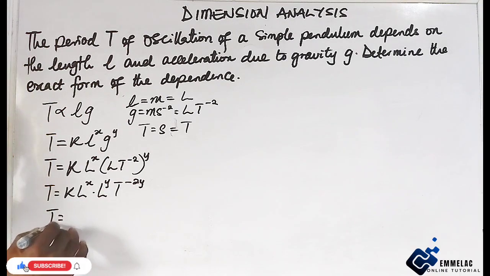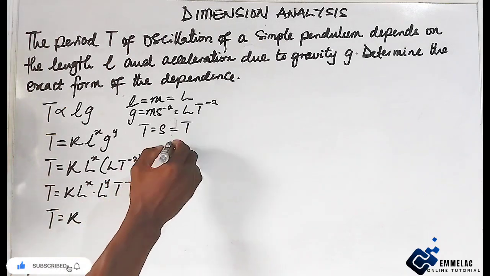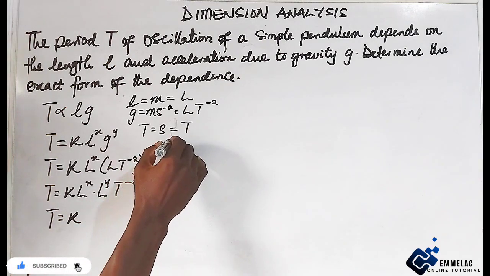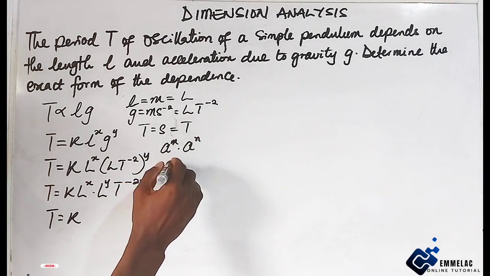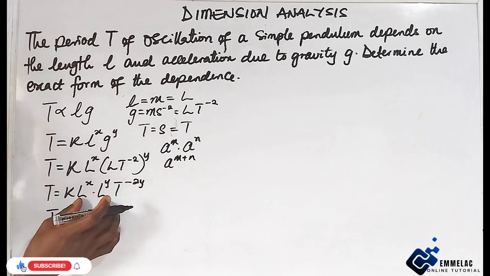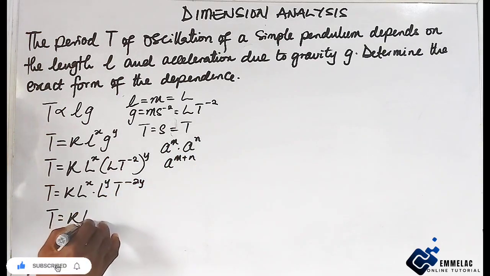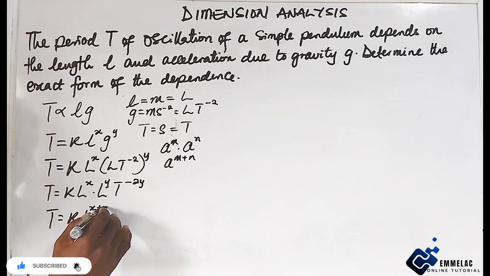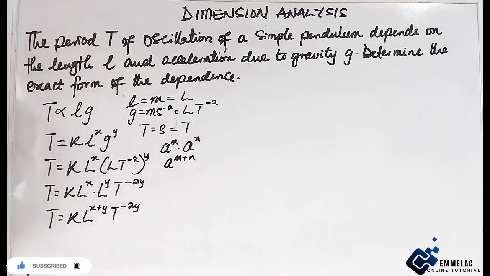Okay, here you have T, then k. According to the law of indices, a raised to the power of m times a raised to the power of n, you have what? a raised to the power of m plus n. Now using this rule, we apply here, you have that L raised to the power of x plus what? y, then T raised to the power minus 2y.